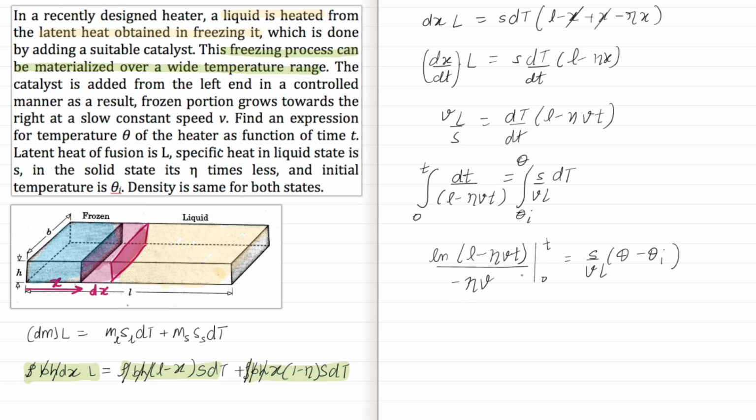Putting the limits here, taking eta V to that side, V effectively gets cancelled. So we have ln of L minus eta V t.